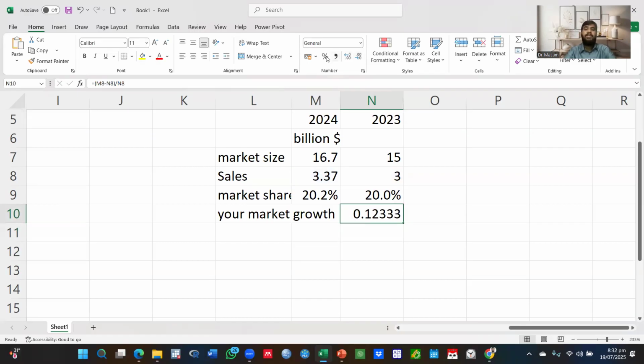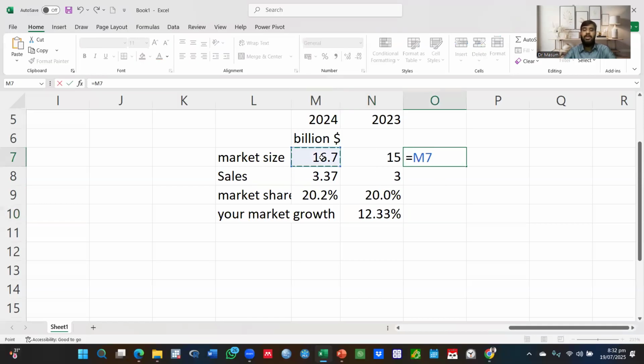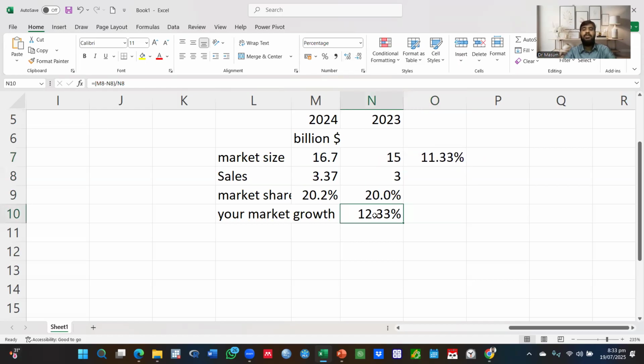So your market growth was 12.33%. And the total market growth was 16.7 minus 15, divided by 15. Total market growth was 11.33%. So your market growth was better than the real industry growth. This market growth means industry growth.